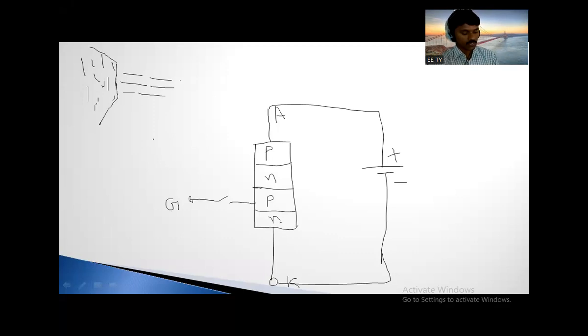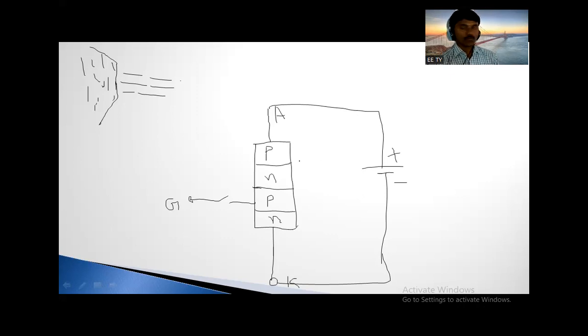Any doubt, online students? Okay. Next condition. Just remember the basics. If these basics are clear, then we can go for the turn-on method.